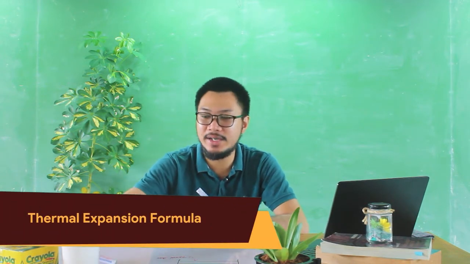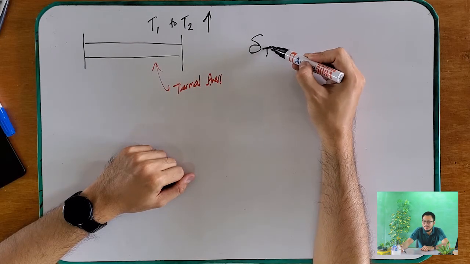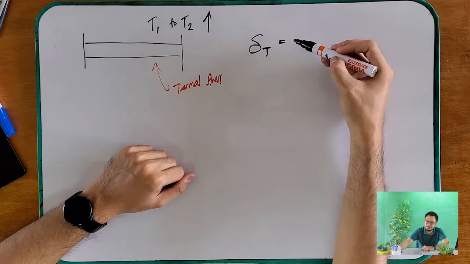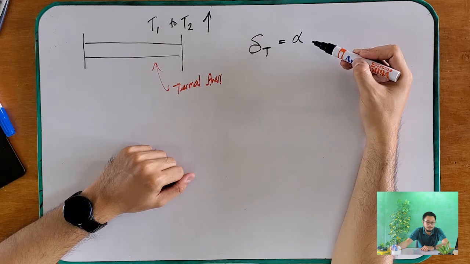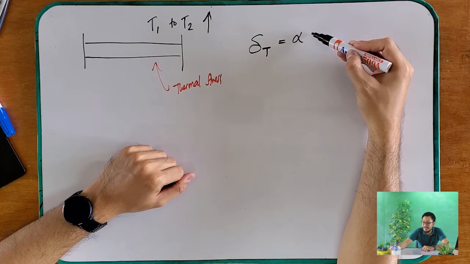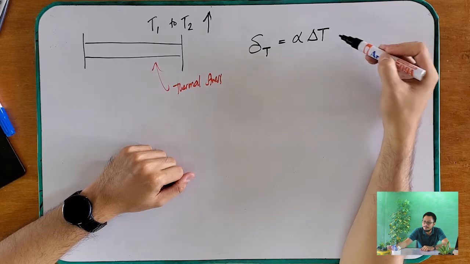And this is our general equation to solve for your change in temperature to the change in the deformation of your material. Okay? So, the deformation of your material due to thermal stress is equal to your coefficient of thermal expansion, which is your alpha, multiplied by the change in temperature multiplied by the original length of the material.